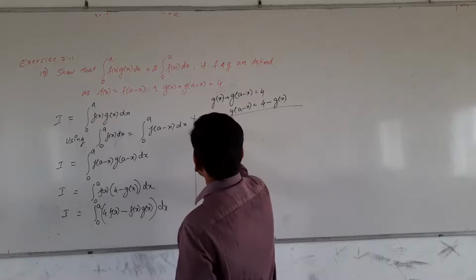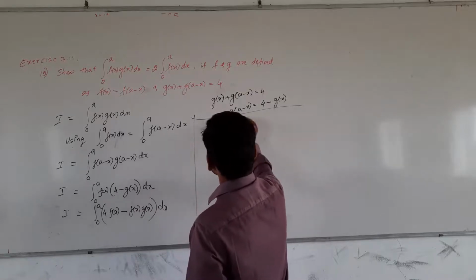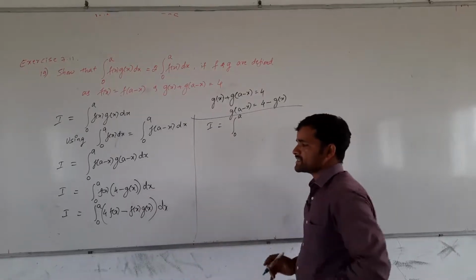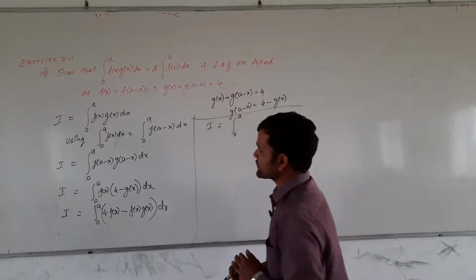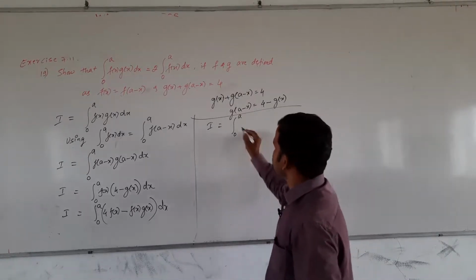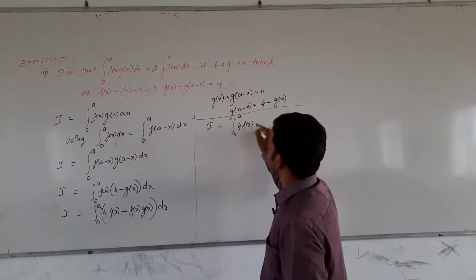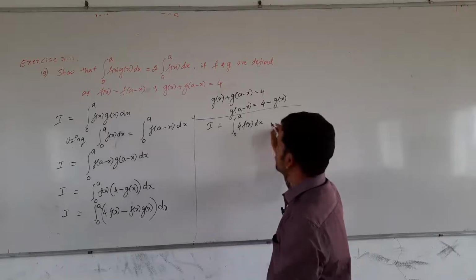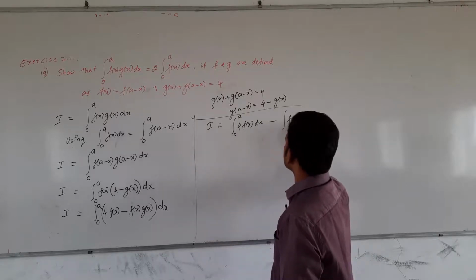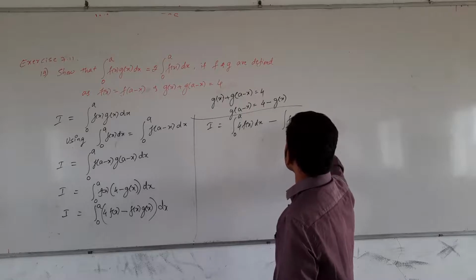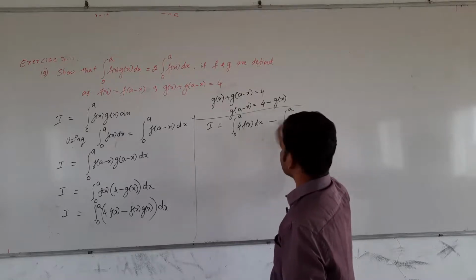Now I is equal to the sum of two integrals. First one is integration of 4 into f of x with respect to x from 0 to a. Second one is integration of f of x into g of x with respect to x from 0 to a.